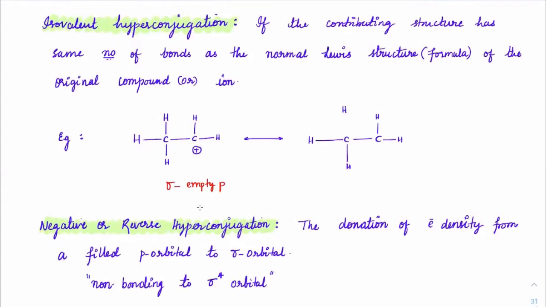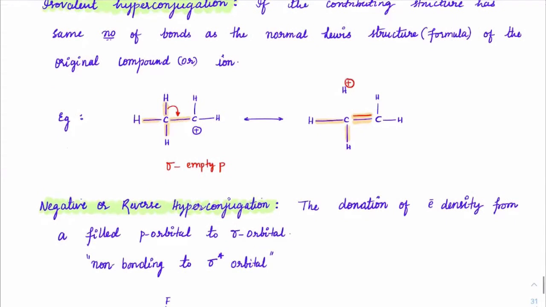Here when the hyperconjugation takes place, one of the hydrogens will fetch the plus charge and this bond will shift as a double bond. So the double bond will happen here. If you count the number of bonds here, it has 1, 2, 3, 4 bonds earlier, and now also it has 1, 2, 3, 4 bonds. So the number of bonds is intact. The same number of bonds is present, so it would be isovalent hyperconjugation.